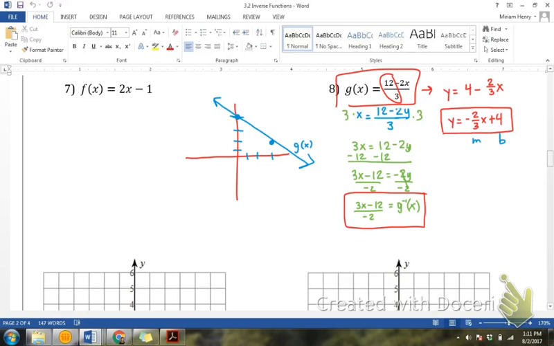Okay, now we're going to change our inverse into something that we can graph. So see if you can change the inverse into something that you can graph like we did at the beginning. So change it into y equals mx plus b. Reduce your fraction.